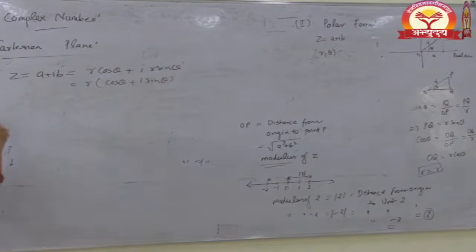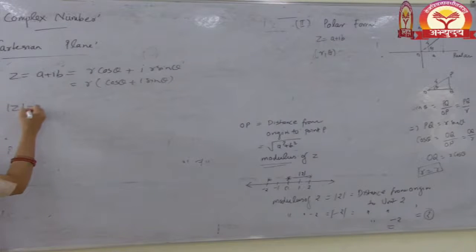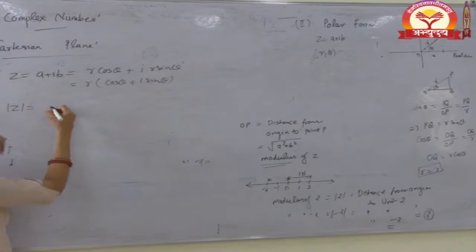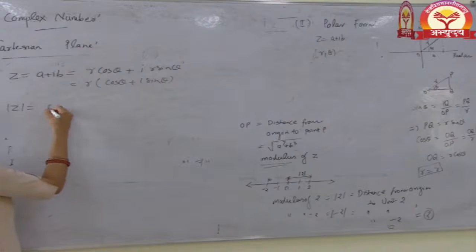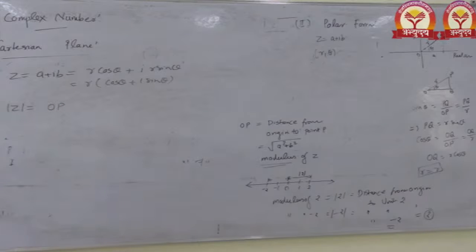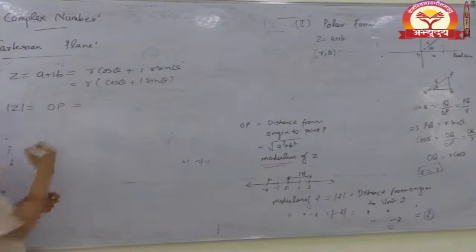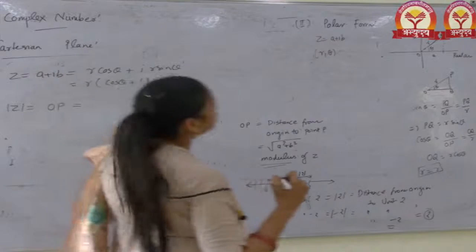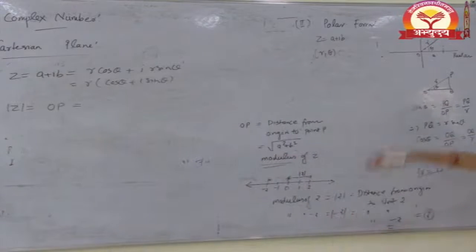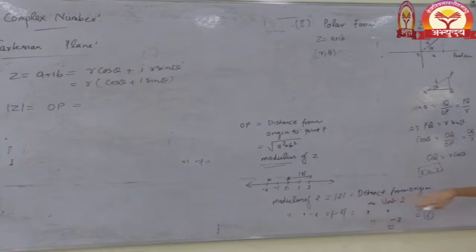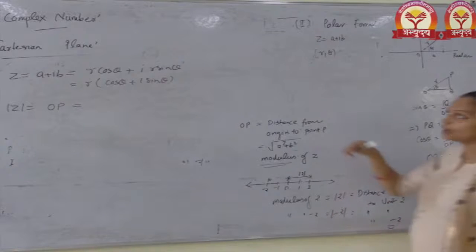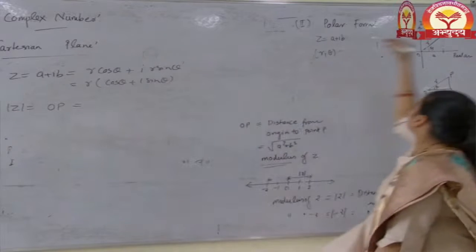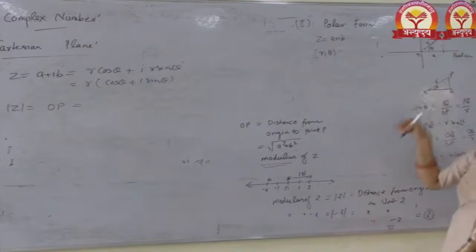This is z here. Modulus of z is equal to, that means I have asked you about distance, or we can say in symbolic form the value of OP here. What is the modulus value of this? Modulus of this z, that modulus is what? Modulus here will give the distance from origin to that point. That means I am asking about the distance from origin to z, origin to z, that is OP.